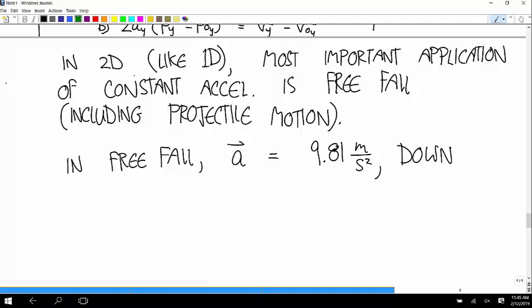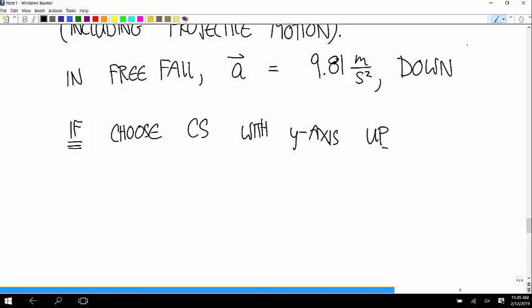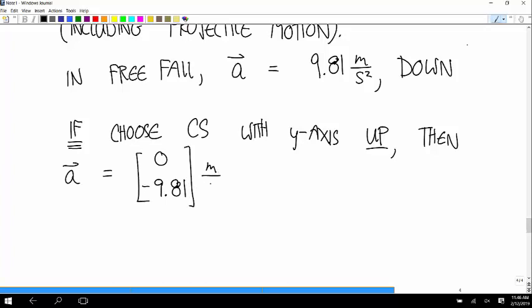But the most common coordinate system that we're going to use, if you choose a coordinate system with the y-axis pointing up, then the acceleration vector is equal to 0 for the x component, and down is in the negative y direction, so negative 9.81 for the y component, meters per second squared.